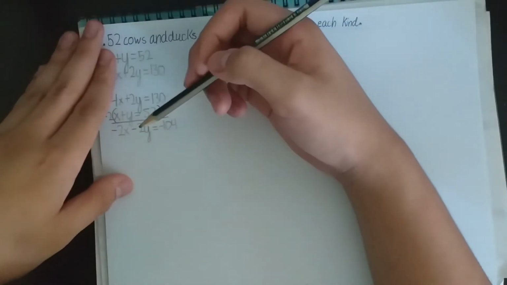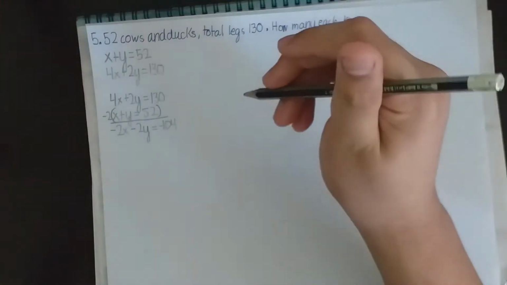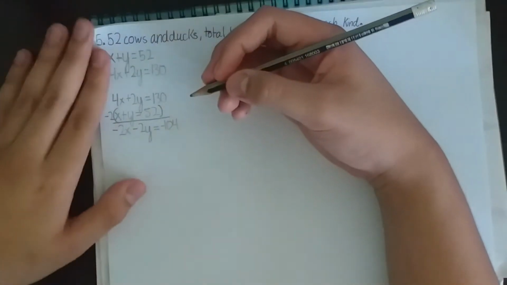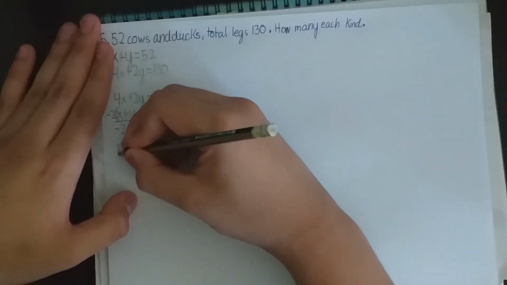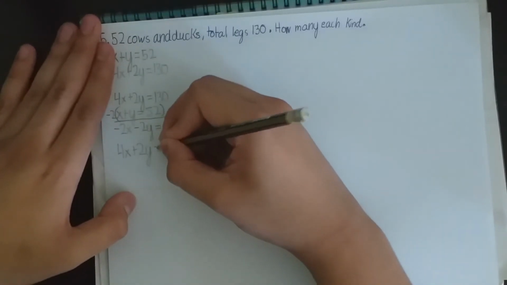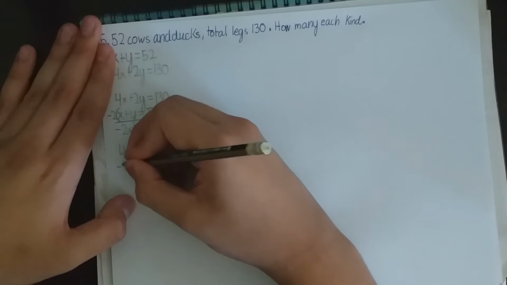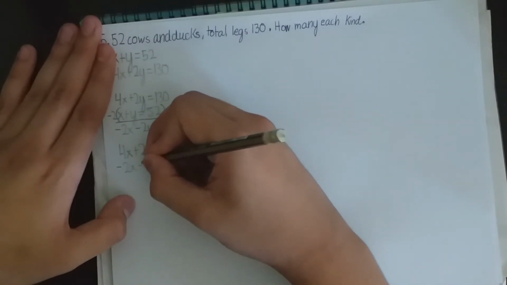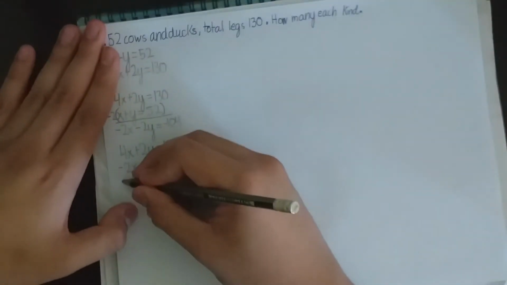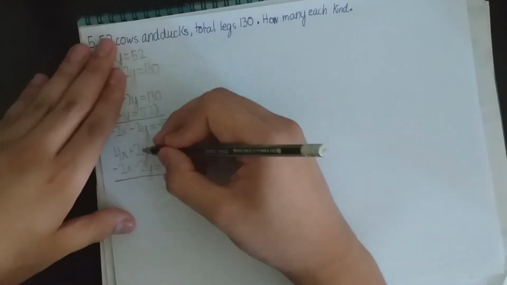And negative 2x minus 2y equals negative 104 would be mixed with the first equation, 4x plus 2y equals 130. Now we mix them together.